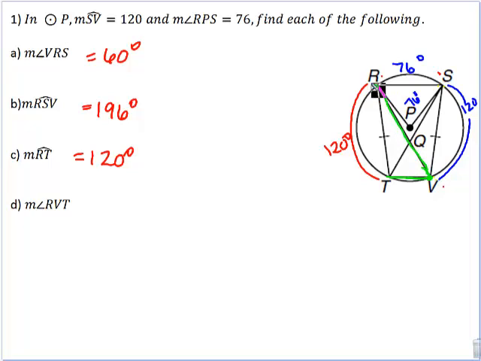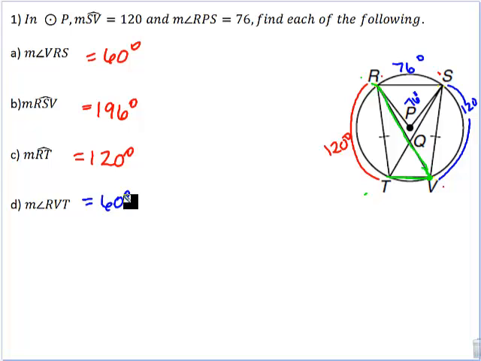So what arc does this intercept? From R to T it intercepts here. So since it intercepts R to T, we just have to take half of that. So 60. Does that make sense? Okay, a lot of this is being able to look at the diagram and pull the correct pieces out.